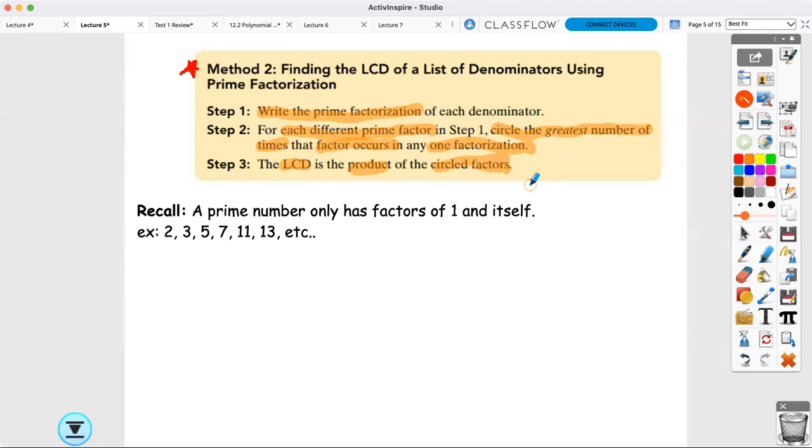Now recall, a prime number only has factors of 1 and itself. For example, 2 is a prime because it's only 1 times 2. 3 is also a prime, because it can only have factors of 1 times 3. 5 is a prime because 1 times 5, and so on.